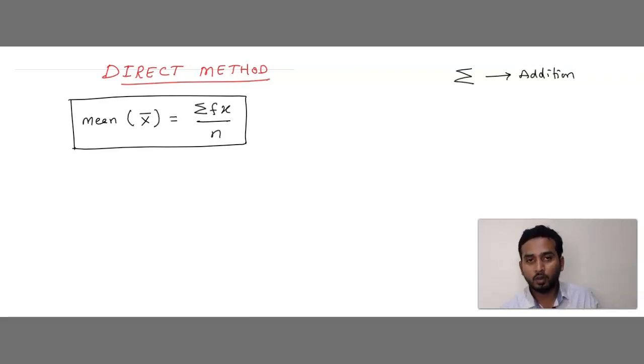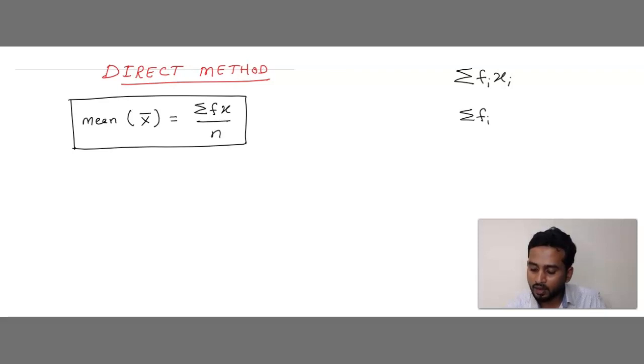In front of the sigma, whatever values come, we have to add them. That is the meaning of sigma. In your book they have given f as fi and x as xi. Similarly, for n they have given sigma fi, meaning the sum of all frequencies.